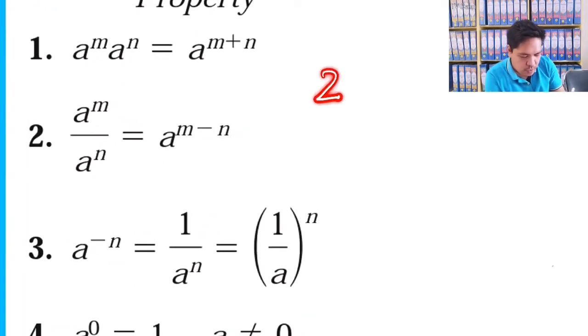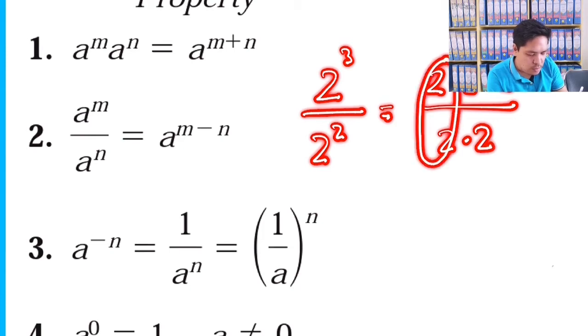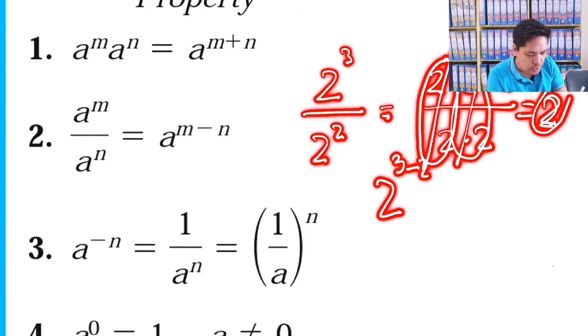If 2 raised to 3 is divided by 2 raised to 2, 2 raised to 3 is 2 times 2 times 2 over 2 squared, which is 2 times 2. We can cancel out because each pair is equivalent to 1. So, what is left is just 2, or 2 raised to 1. That is the same as 2 raised to the difference of 3 and 2, so 2 raised to 1.